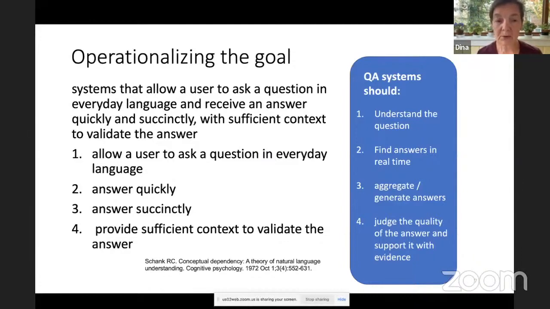Then it has to provide a real-time answer. And because there is lots and lots of information on pretty much any topic, the system somehow has to aggregate that information and generate an answer, but also provide some context for the person that is looking at the answer to understand whether the answer is reliable and supported by evidence.